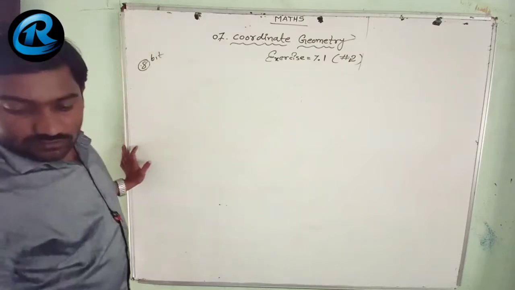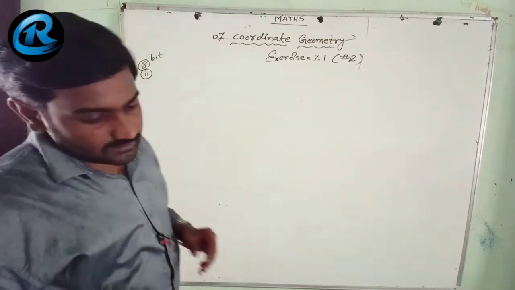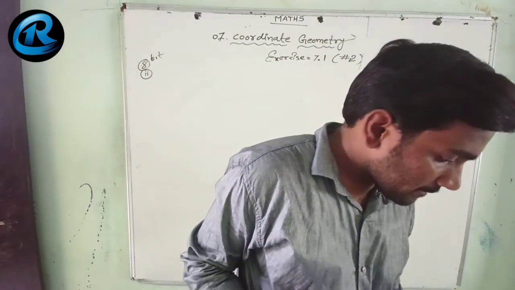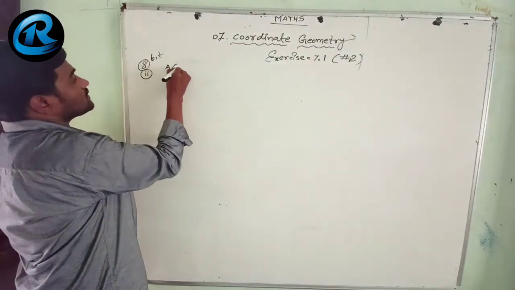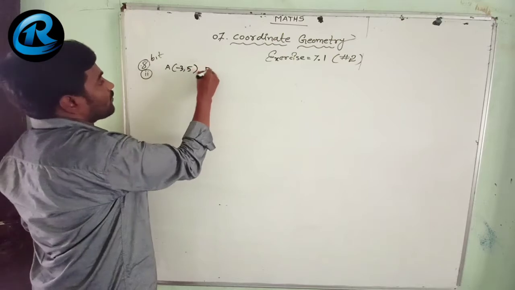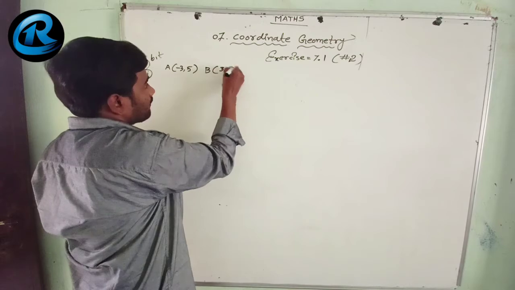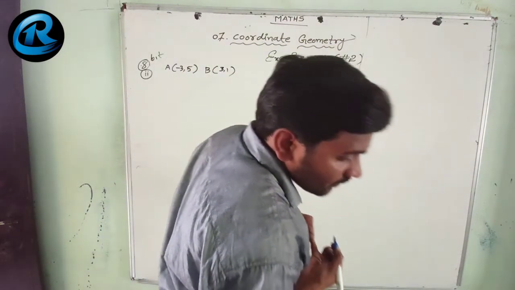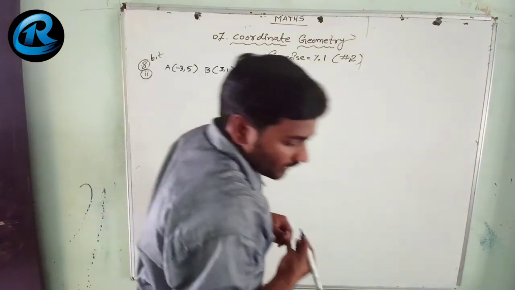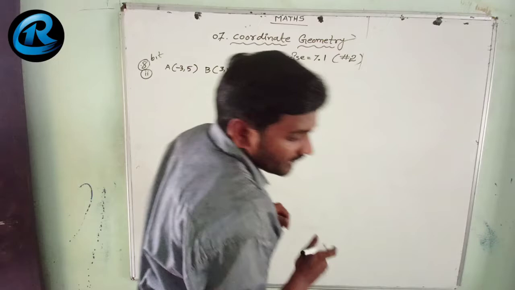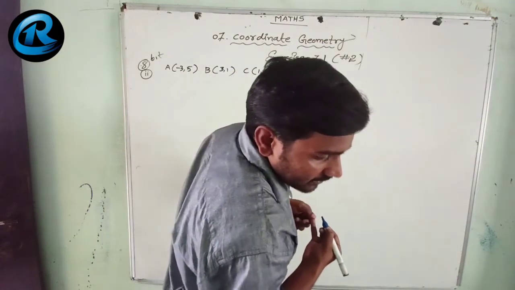Then the second question of this exercise 8 is: point A is minus 3 comma 5, point B is 3 comma 1, point C is 1 comma minus 3 and point D is minus 5 comma 1.